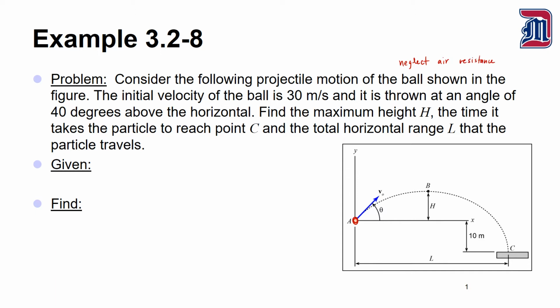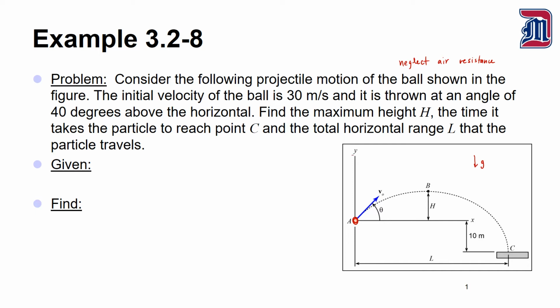And so as the particle is flying through the air, the only force that's acting on it is its weight. And so that means that the acceleration of the particle will always be g in the negative y direction. The coordinate system is set up for us here.